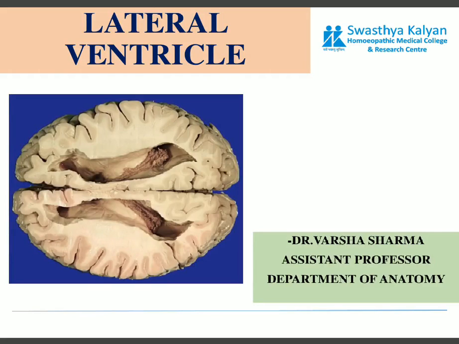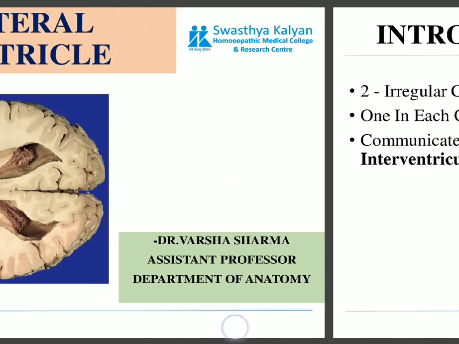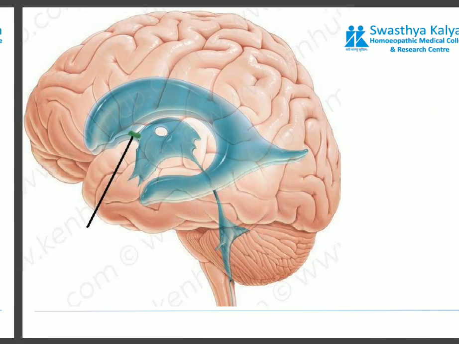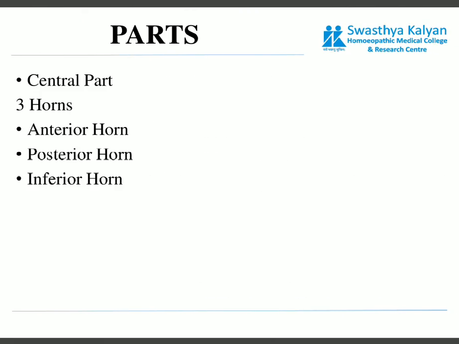Good morning, students. In today's lecture, we will be discussing the remaining portion related to the anatomy of the lateral ventricle. In the previous lecture, we had discussed its definition, its location, and its various parts.